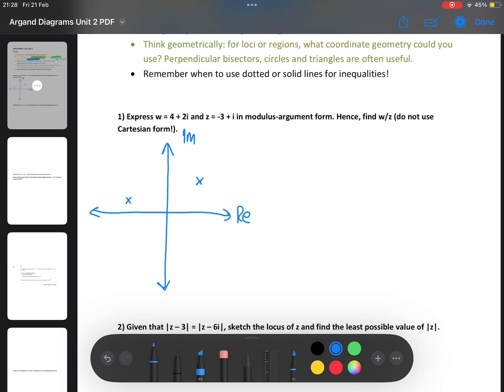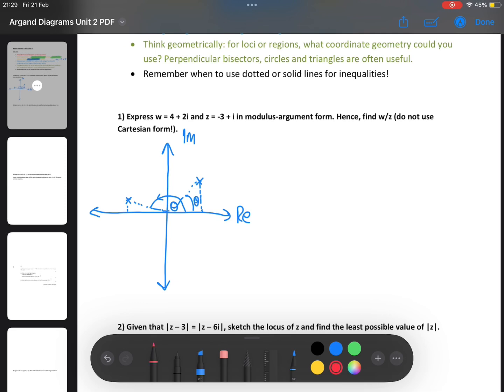So if we just draw in, this is going to be the argument of this one, and for this one, this angle here will be the argument that we're interested in.